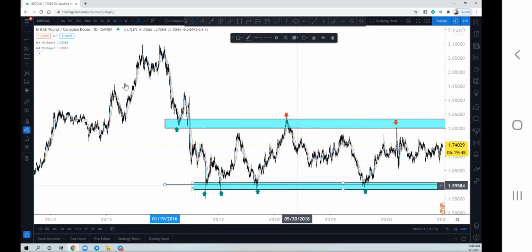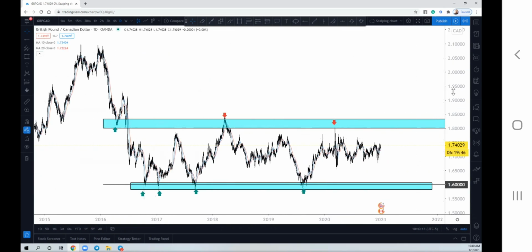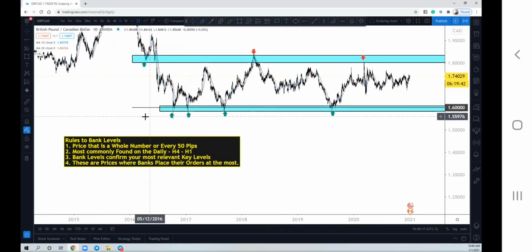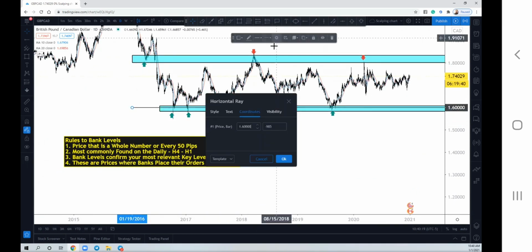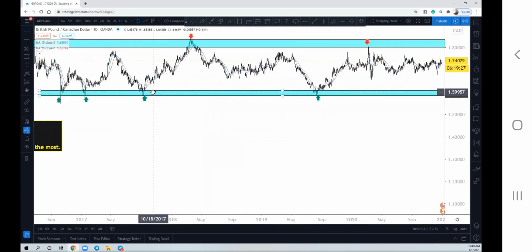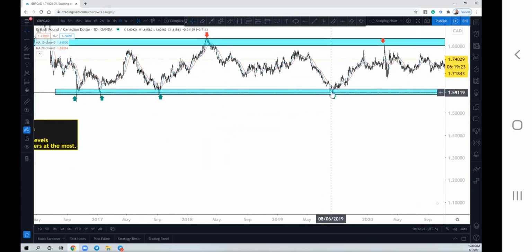That could have been another key level, another price that you could have used, or you could have used 1.59000. Now, I prefer to have whole numbers instead of every 50 pips because they become a stronger confirmation. But as you can see, even at 1.59000, we still have a reaction at this price.